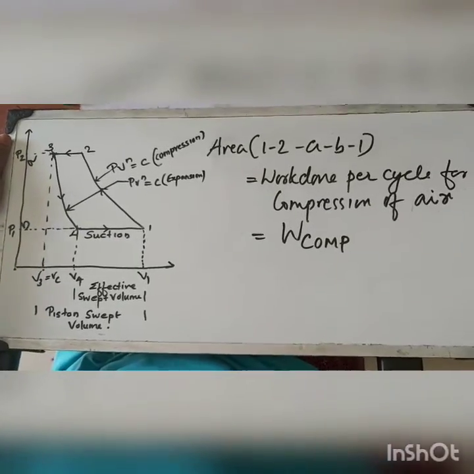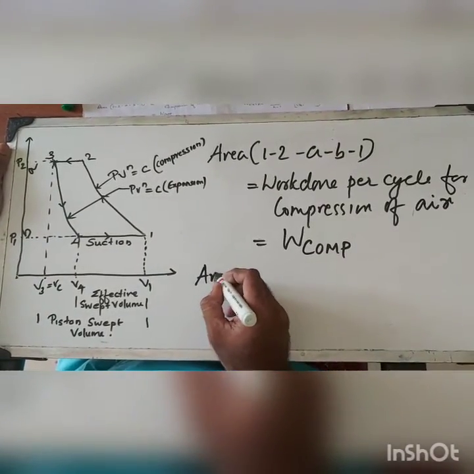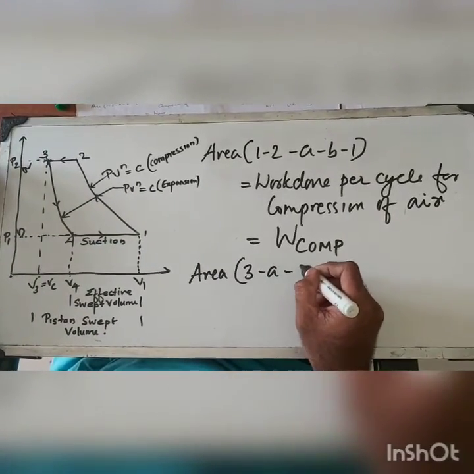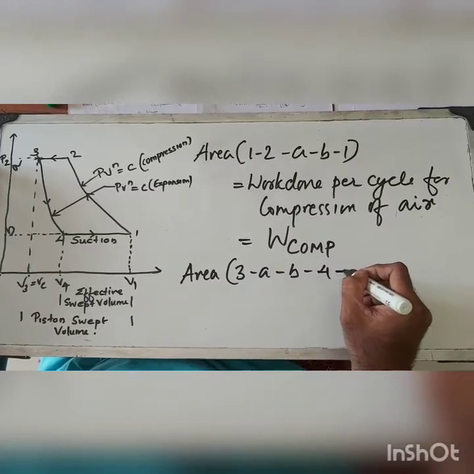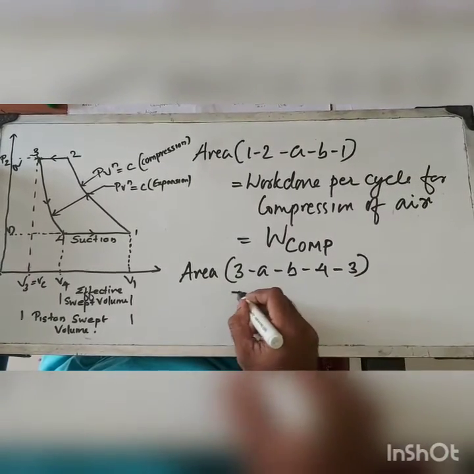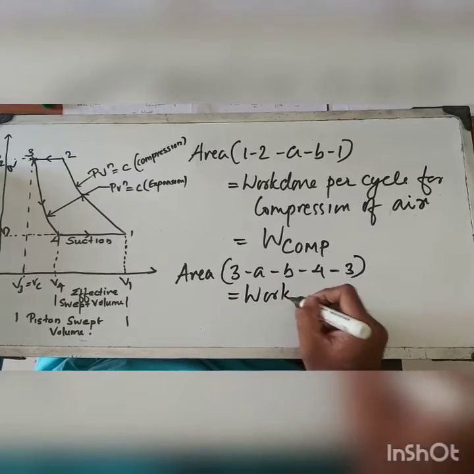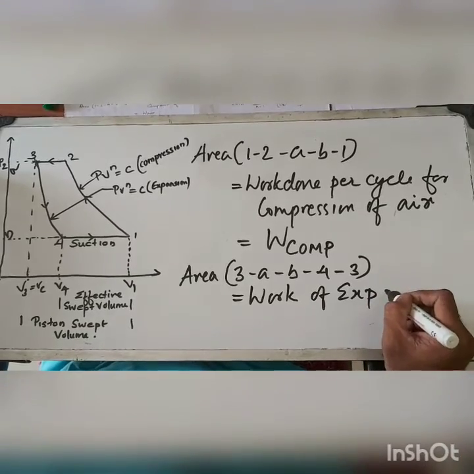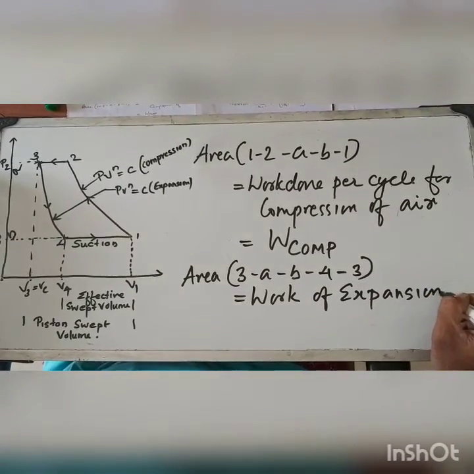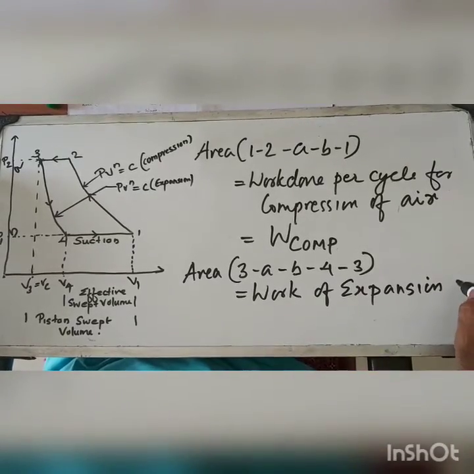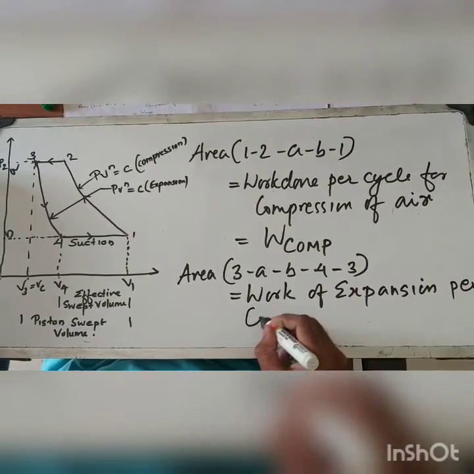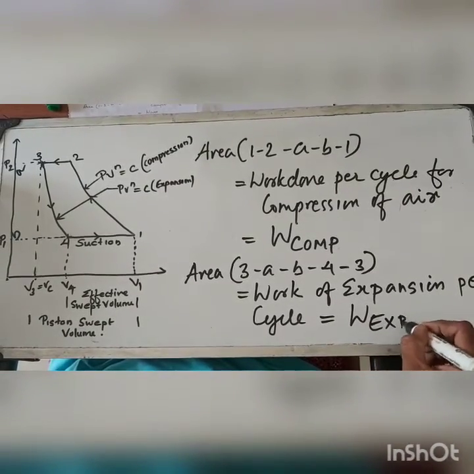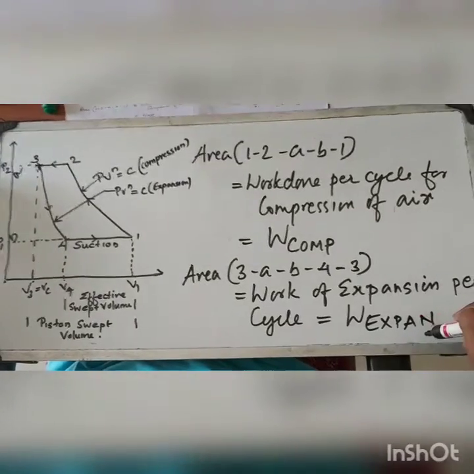Next, area 3, A, B, 4, 3 equals work of expansion per cycle, W expansion.